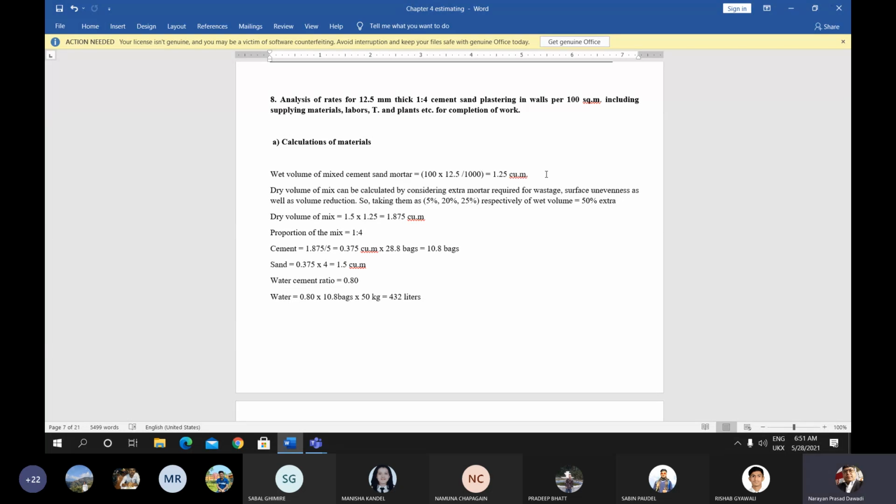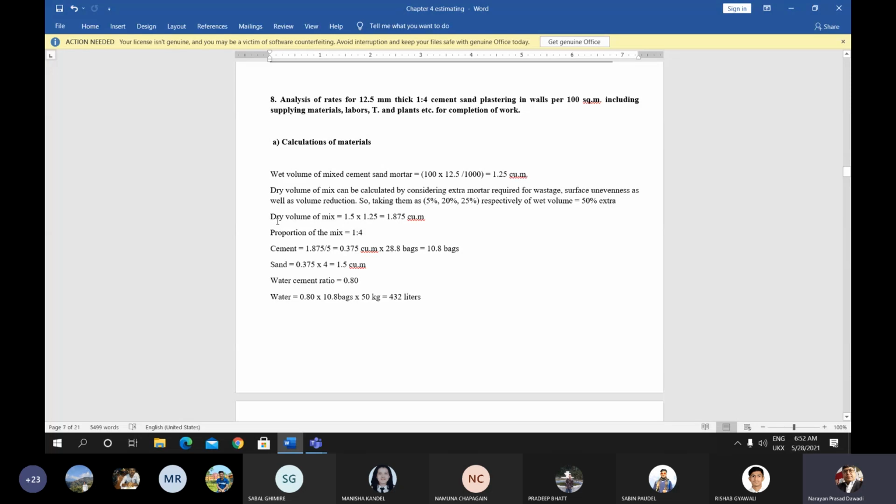This is for the plastering surface. Generally 50 to 55% is added extra. So I am considering 50% extra here: 5% wastage, 20% surface unevenness, and 25% for the volume reduction.